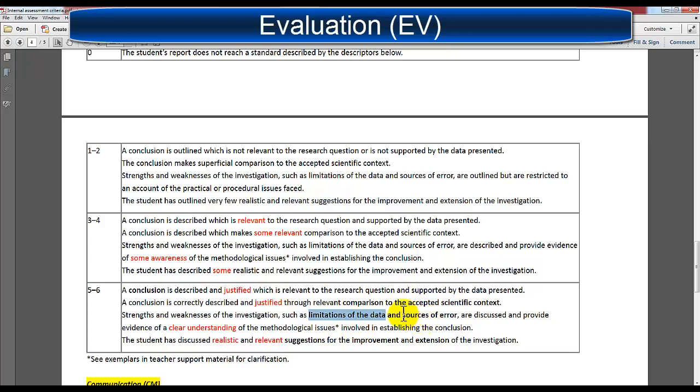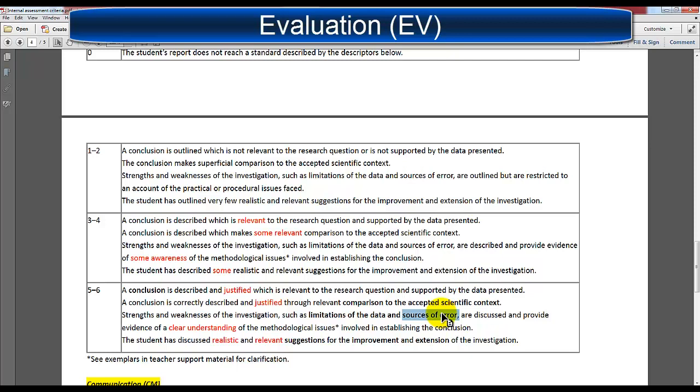The other thing would be the sources of error, and that should be a big part of your evaluation, where you should find the most significant error that you could find, no matter if it's random error or systematic error.